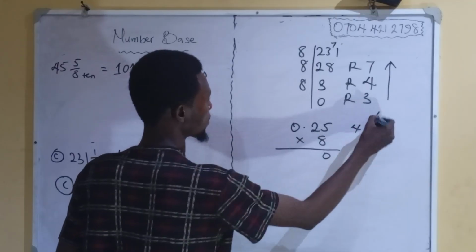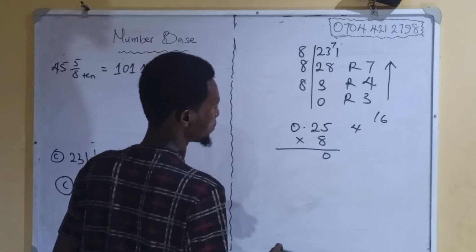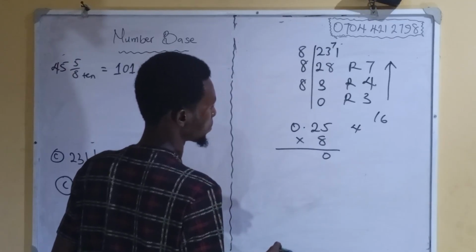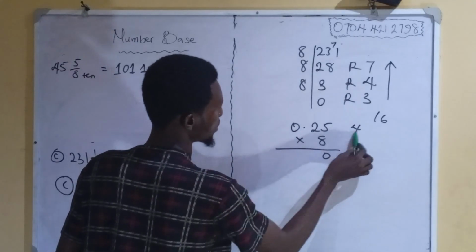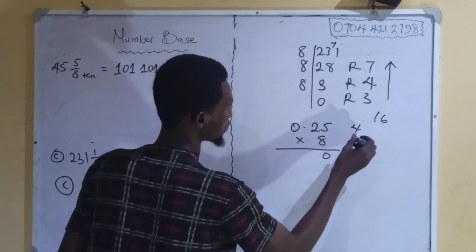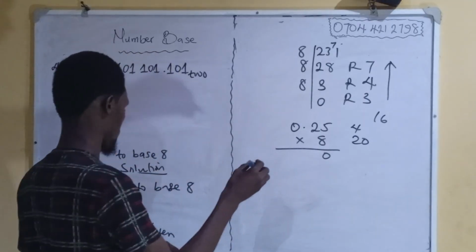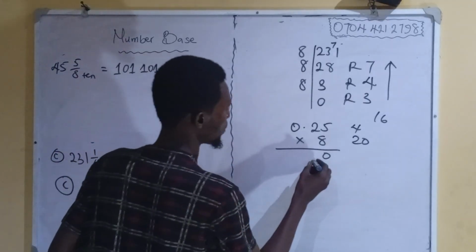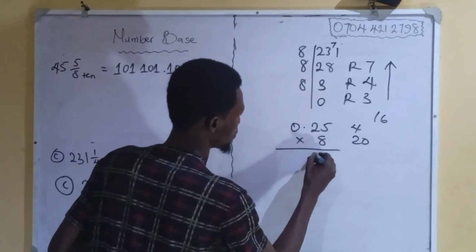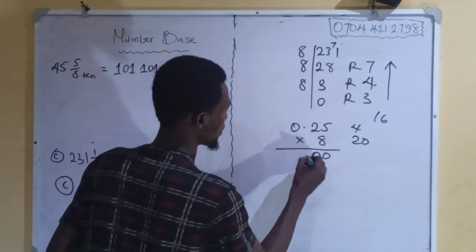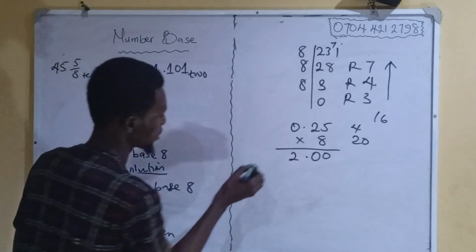This times this, 8 times 2 is 16. 16 plus 4, what do you have there? That should be 20. So you have 0, and 2.